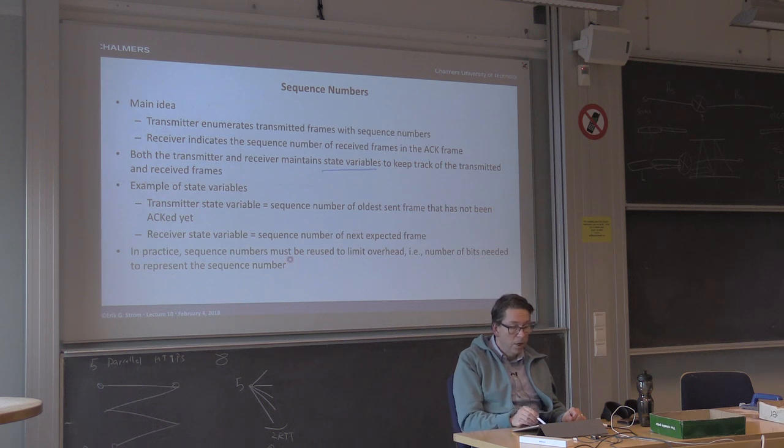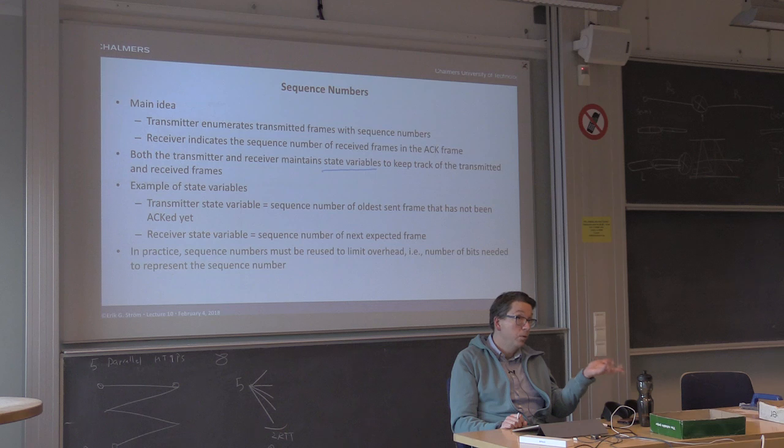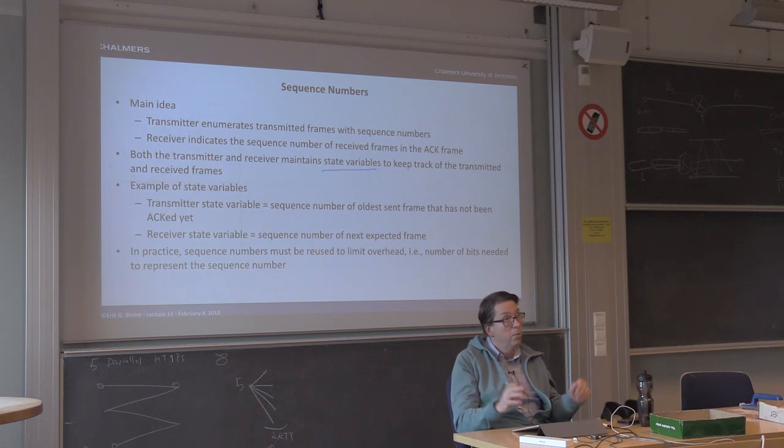Basically, sequence numbers must be reused. So say that I have a 4-bit sequence number, then I can enumerate 0 up to 15, but when I reach 15 I wrap around and reuse 0 again. And we will see that we can do that without any problems, as long as we choose the number of bits appropriately; for different protocols we need different numbers of bits essentially. So we'll see how to do that later on.